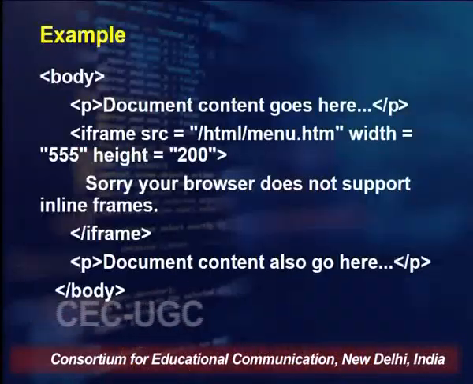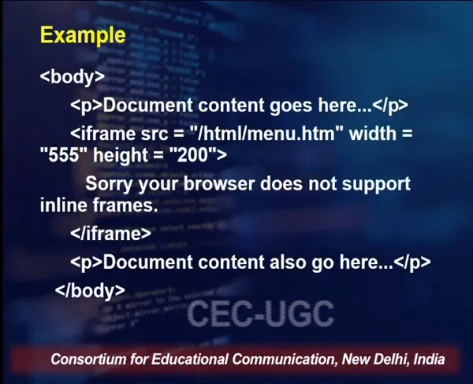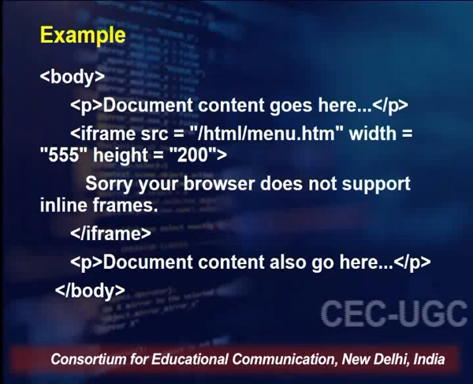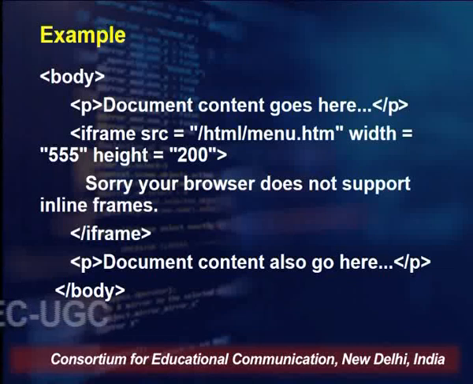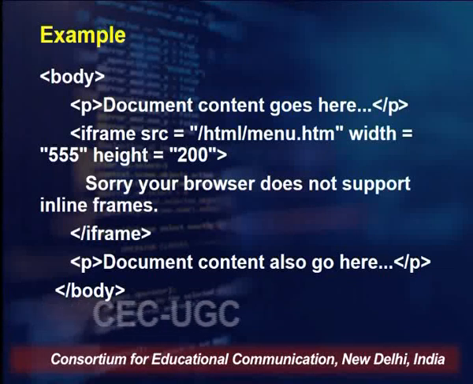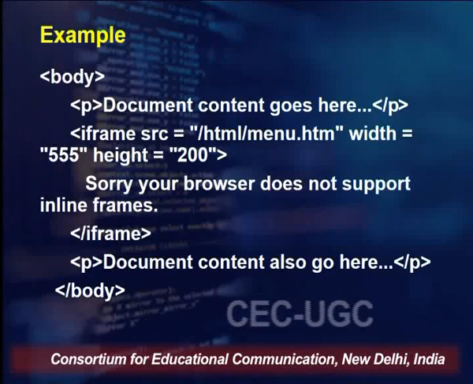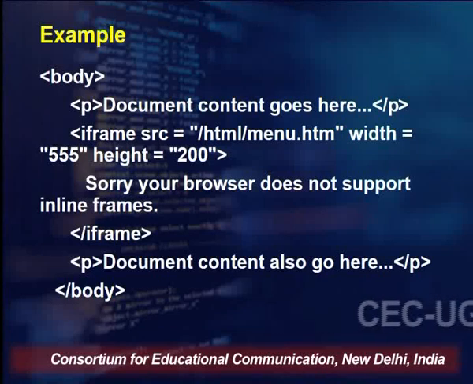In the example shown on the screen, the body tag is there and we have some paragraph written there. Then we have iframe src equals the name of an HTML file, with some width and some height. So what is this code doing?